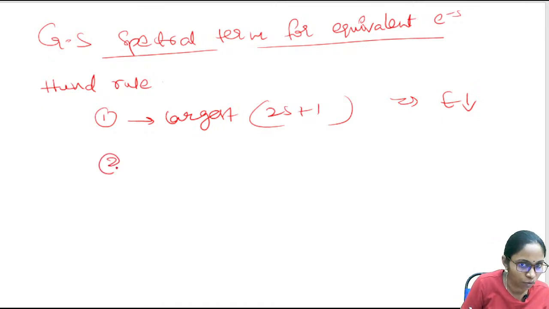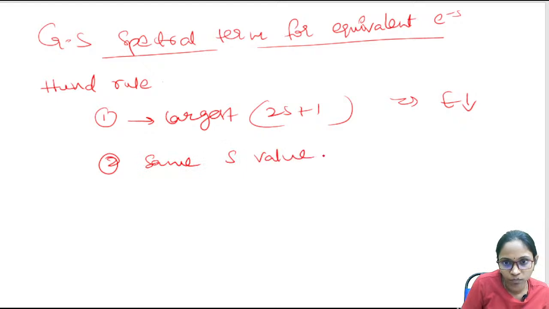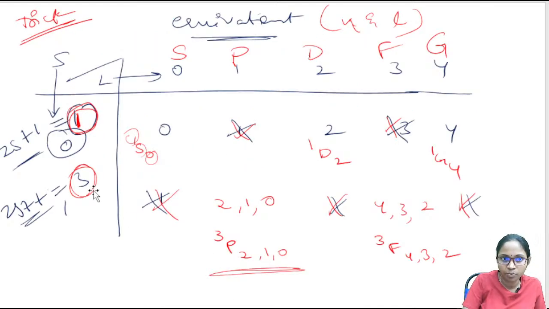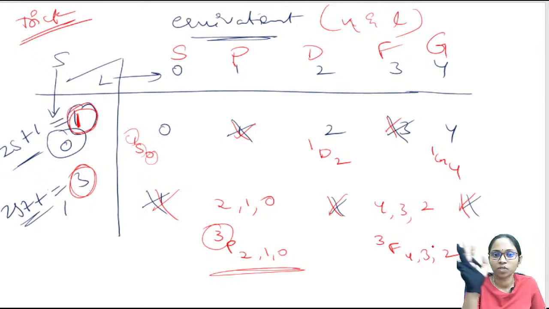Okay, next check for the same S value. For the largest multiplicity 3, you will have 1, 2, 3, 4, 5, 6 spectral terms.